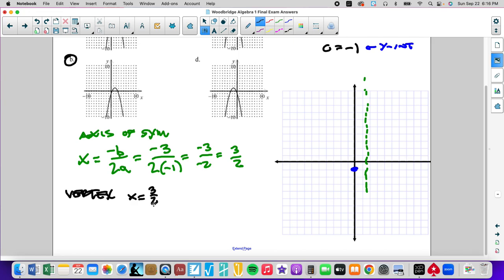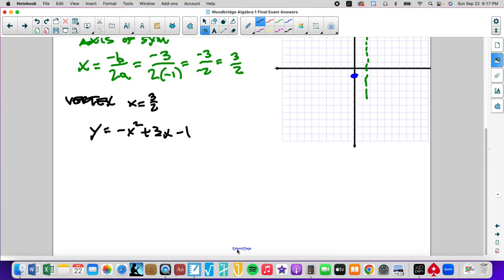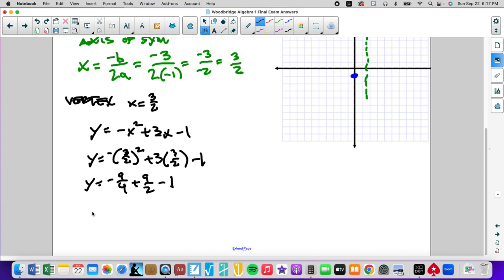So I take that equation, y equals negative x squared plus 3x minus 1, and we plug in negative 3 halves squared plus 3 times 3 halves minus 1. y equals negative 9 fourths plus 9 halves minus 1, y equals negative 9 fourths plus 18 fourths minus 4 fourths, that's 9 fourths minus 4 fourths, which gives me 5 fourths.